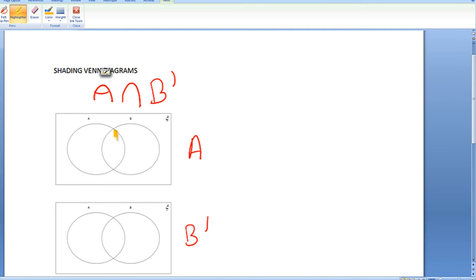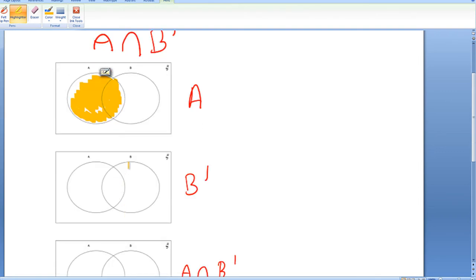The first thing I'll do is highlight A, no problems. Now I'm going to do not B. That includes A and all of this area outside here.